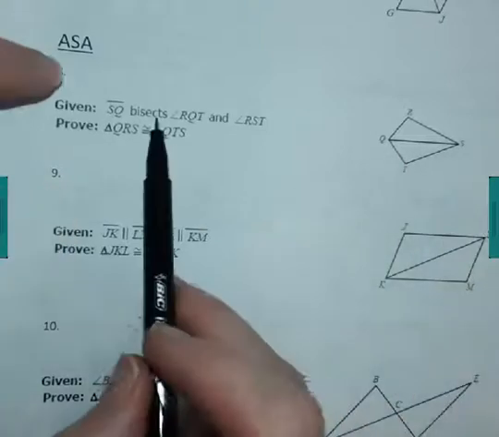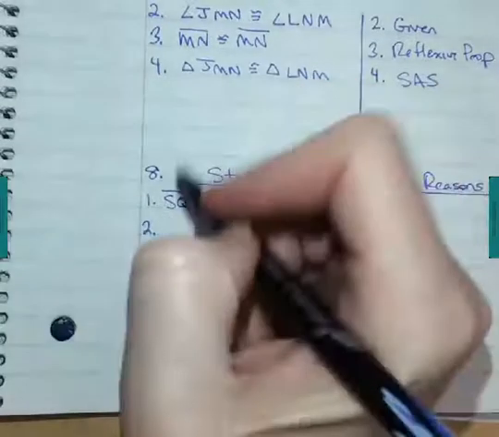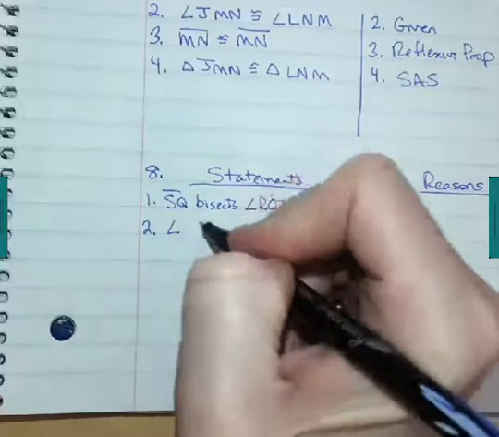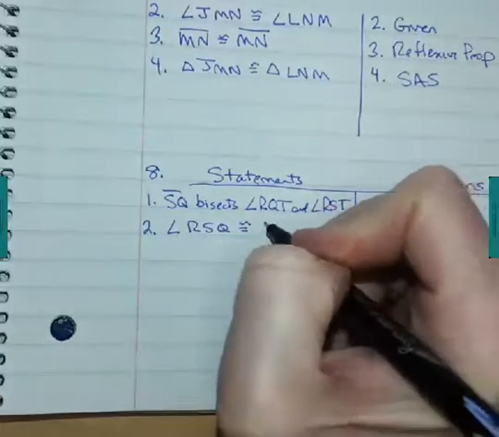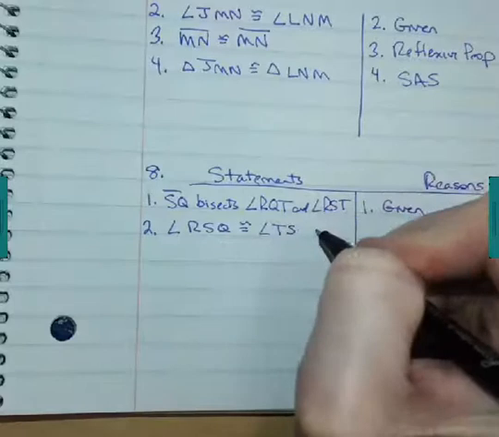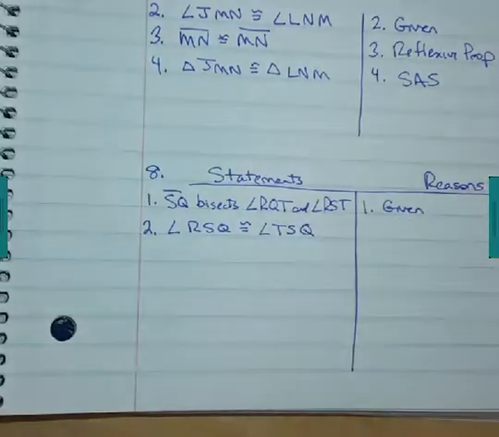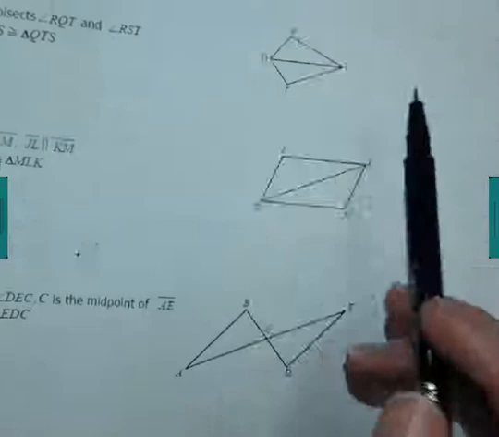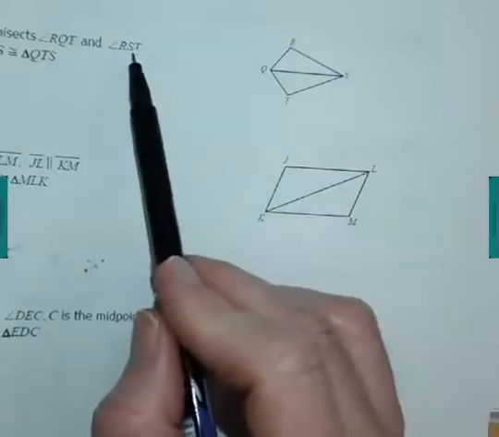And so that word bisects leads us to our next statement here, which is going to be angle RSQ is congruent to angle TSQ. And that one, what I wrote, actually relates to SQ bisecting RST.